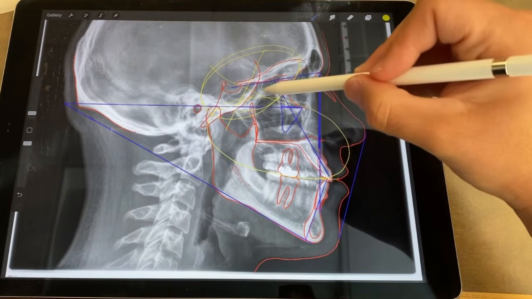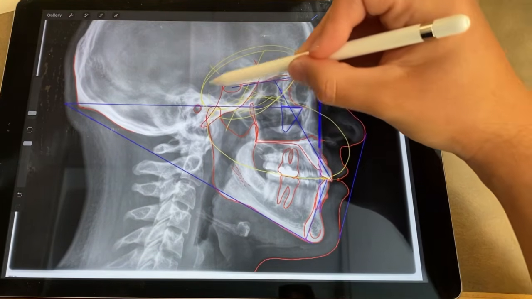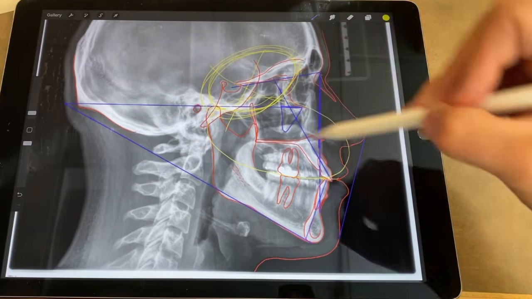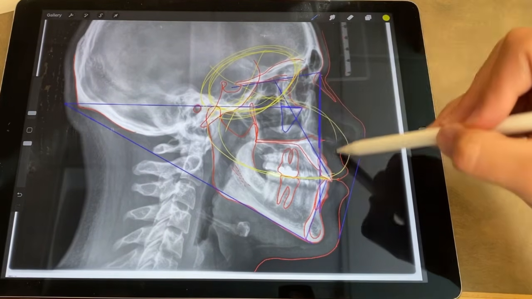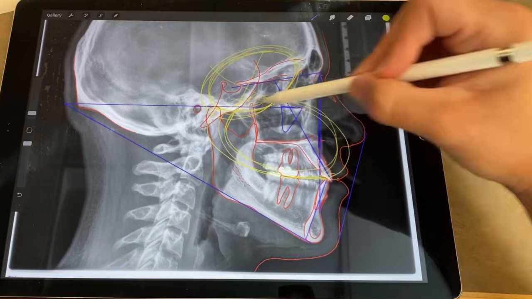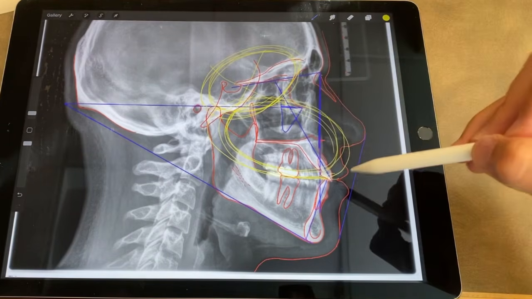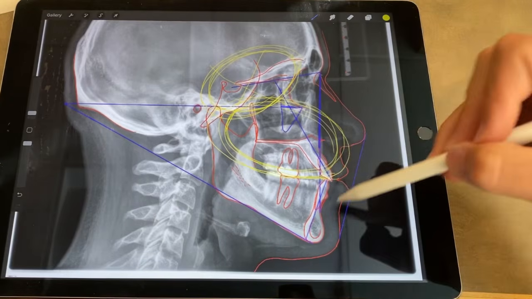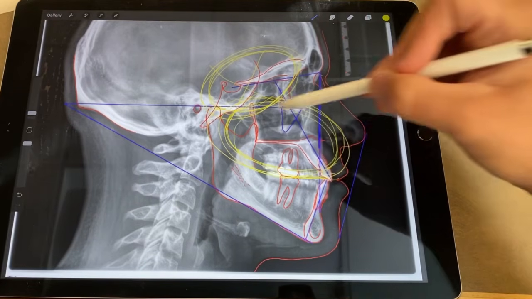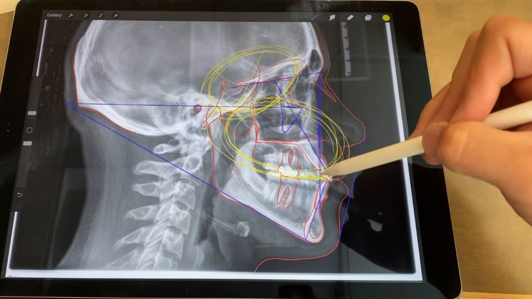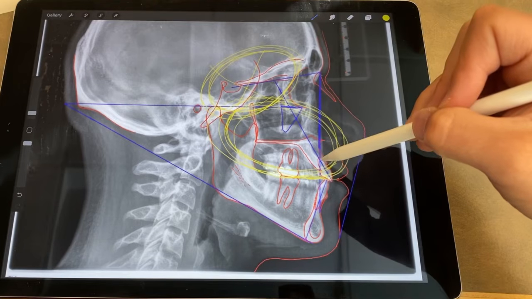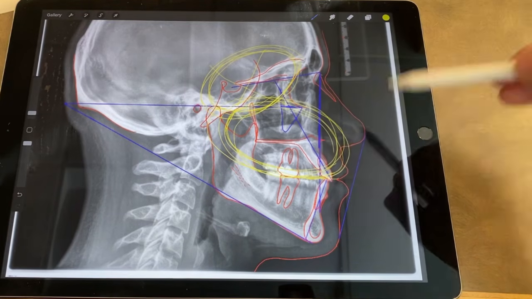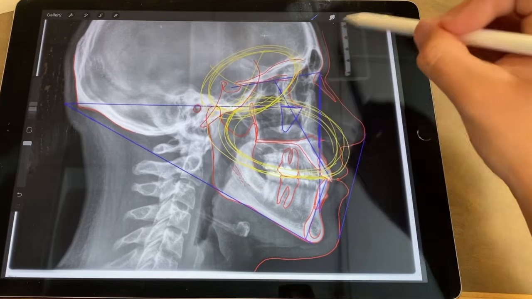Just like the cranial base has stable structures that don't change that you can superimpose on, the maxilla also has stable structures that you can superimpose on. That's for another lesson, but we will do that down the road. And the same is true with the mandible. When you superimpose just the maxilla, you can see how the teeth moved. How much did I extrude the incisors or intrude the molars, or did I do exactly what I wanted with those movements?